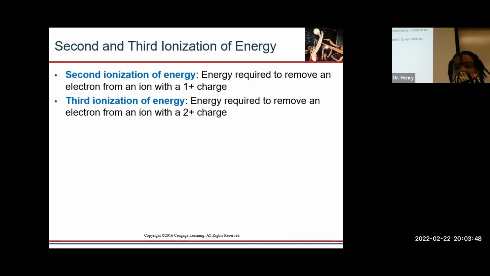For second ionization energy, it is the energy required to remove an electron from an ion with a +1 charge. So it's already lost 1 electron, and so this is the ionization energy to remove another electron from it. That would be the second ionization energy. Third ionization energy would be where you have an ion that has a +2 charge.